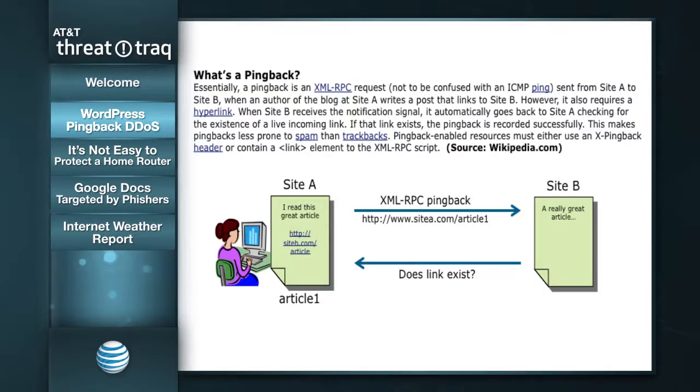To back up a little bit to this picture, one of the things they had mentioned as a potential, and this has actually been fixed, is to make a pingback request saying that I'm at whatever/article1, but whatever is actually there is a very, very large file, and then make lots of pingback requests for it. Basically that makes Site B pull very large responses back as part of its check mechanism.